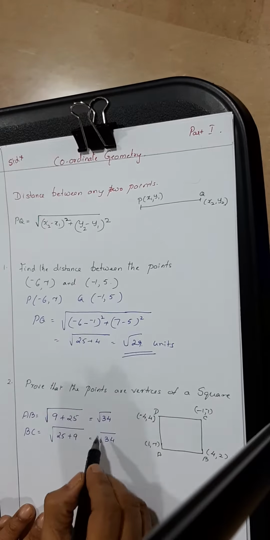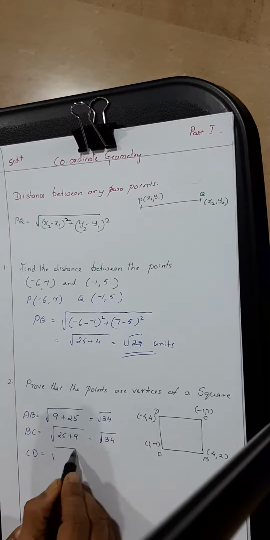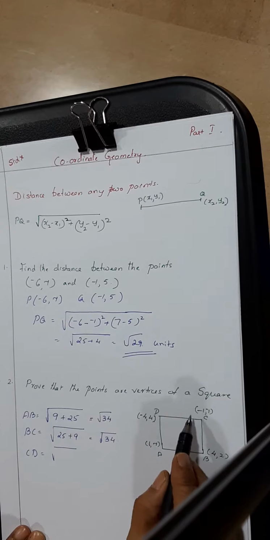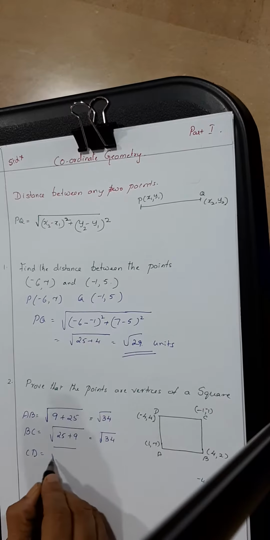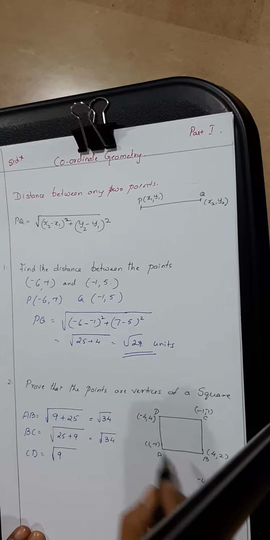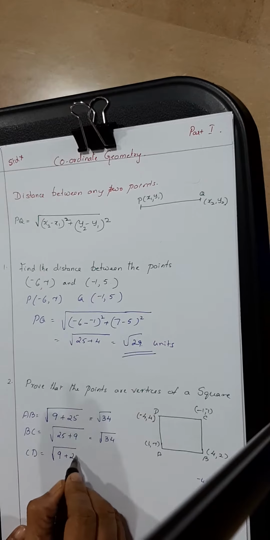Just substitute in this formula, you will get it. Now CD is equal to root of, again, minus 4 minus 1 is minus 5, so 25, plus 4 minus 1 is 3, so 9.